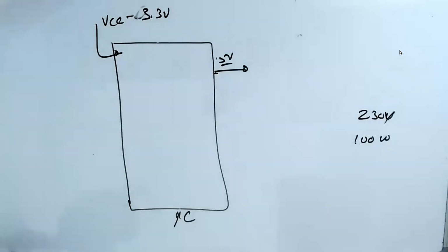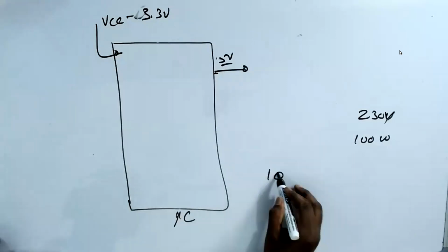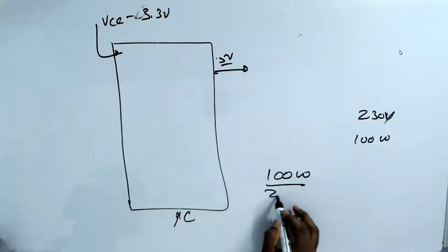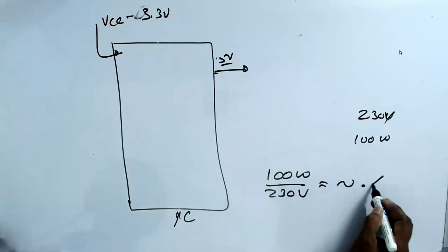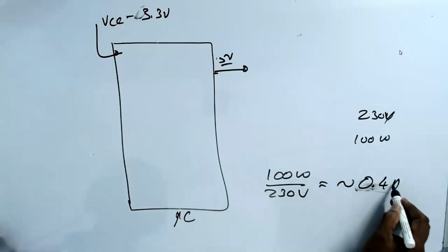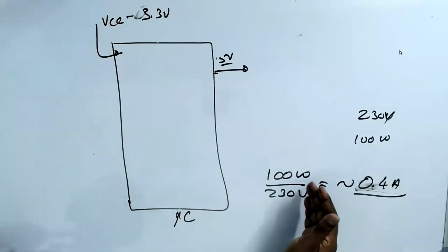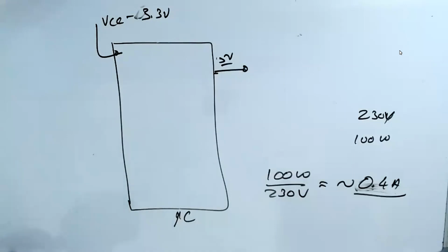What's the current? 100 watts divided by 230 volts is roughly 0.4 ampere. That means 400 milliampere.